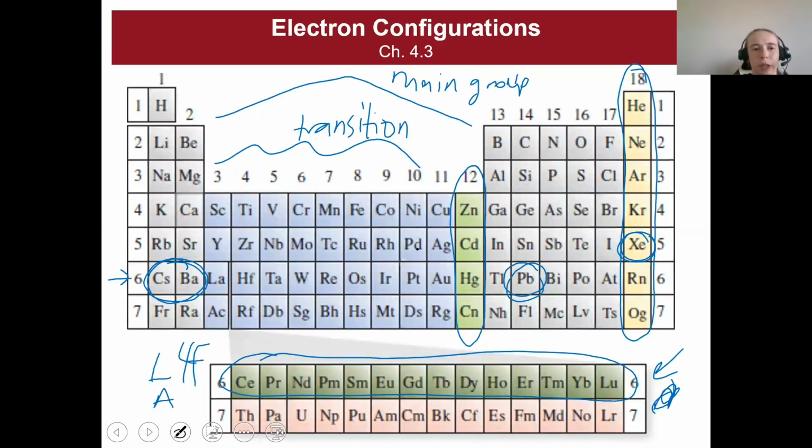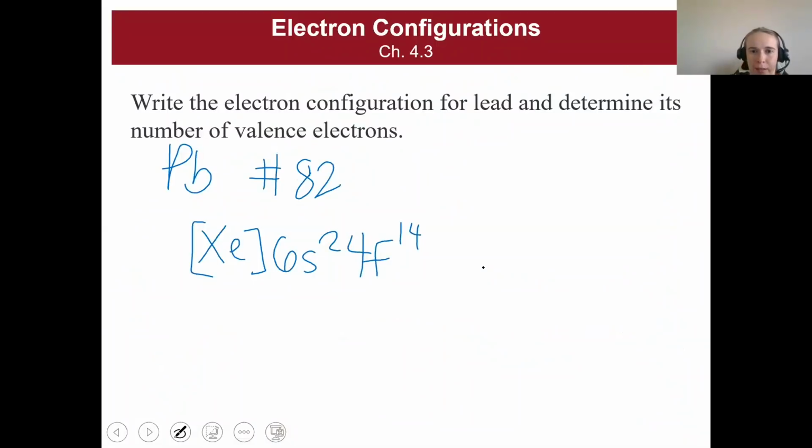All right, after we get through 4f, we're going to be in the 5d. So this is 3d, 4d, 5d. We're in the 5d subshell, and we want to go all the way through there over to mercury, and that's going to be 5d10. So we got that whole subshell filled as well.